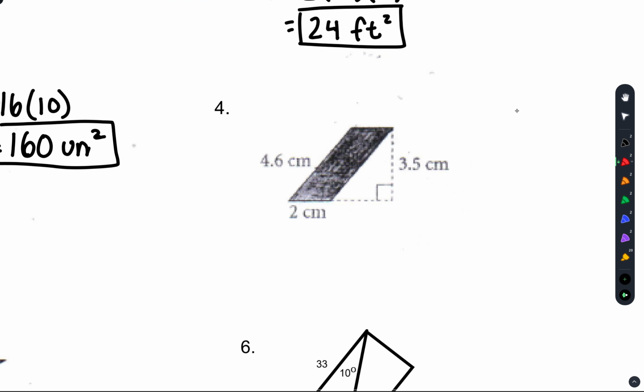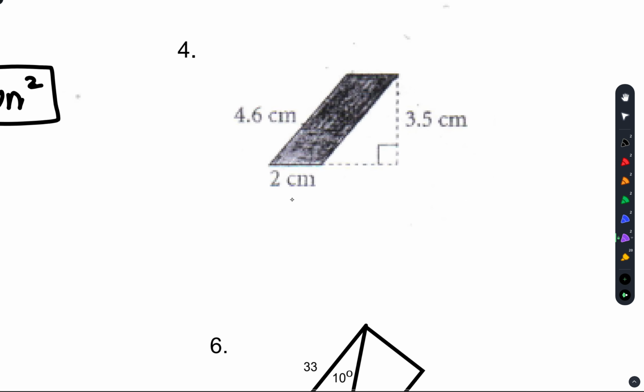What do we think about number 4 then? Another parallelogram, what's the setup? What am I multiplying together? What are we using as the base? Caitlin? Perfect. So then what's the height? 3.5 centimeters.